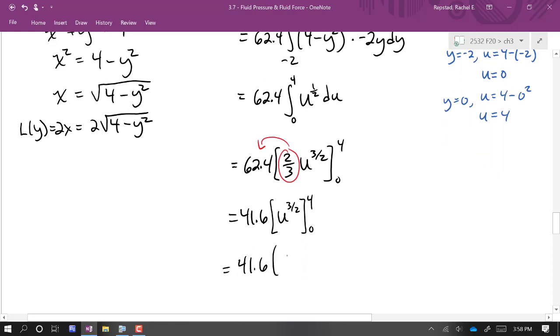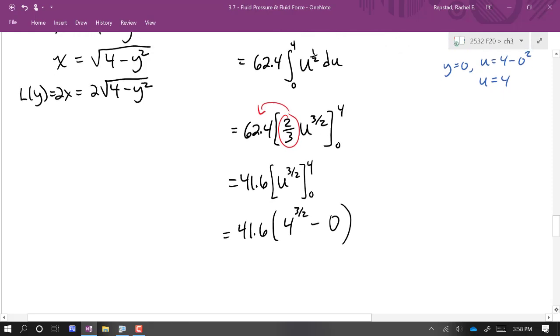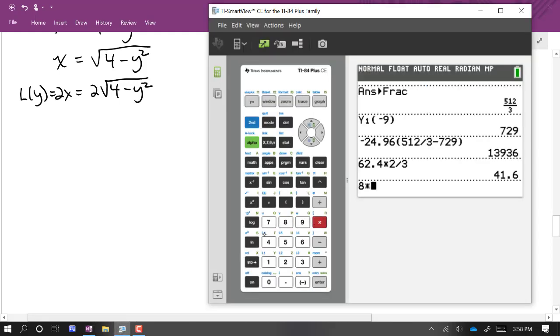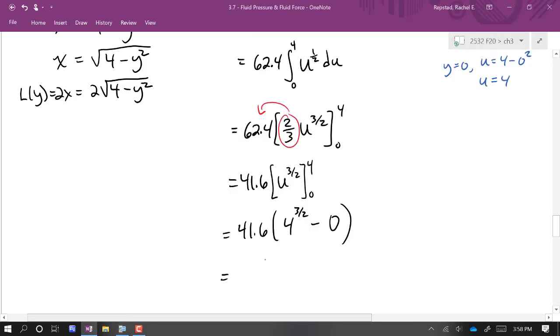Plugging in our limits, 4 to the 3/2 minus 0 to the 3/2. 0 to the 3/2 is 0. 4 to the 3/2 is the square root of 4 cubed, which is 2 cubed, or 8, and we're going to multiply that by 41.6. We get 332.8. And again, the units for this result are in pounds.